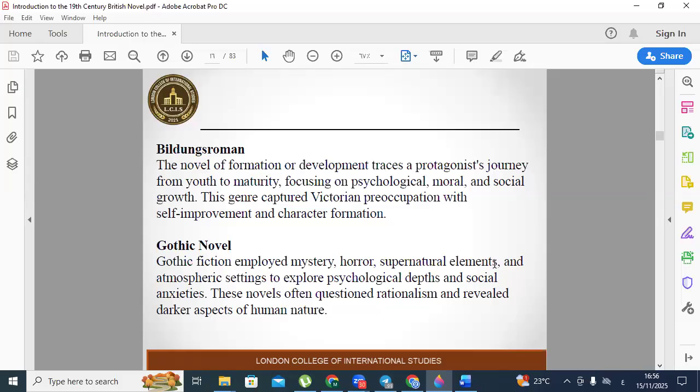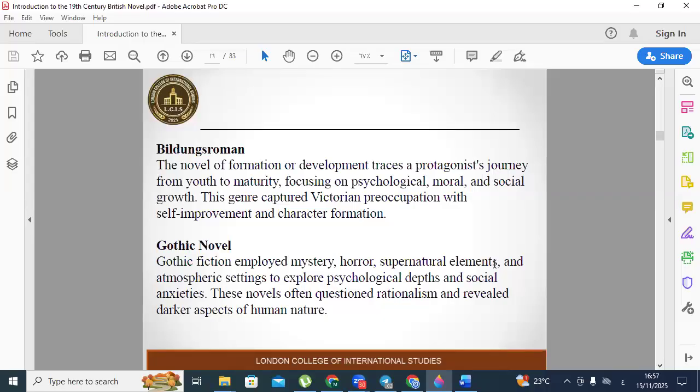And society that realism couldn't easily address. The Gothic questioned Enlightenment rationalism by suggesting that reason couldn't explain or control everything. It explored repressed desires and fears. It examined how the past haunts the present.